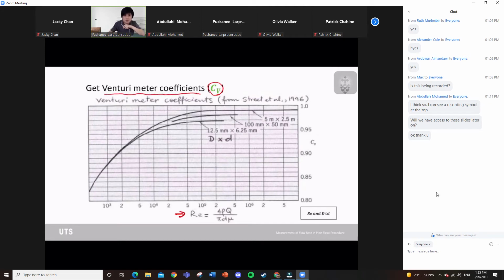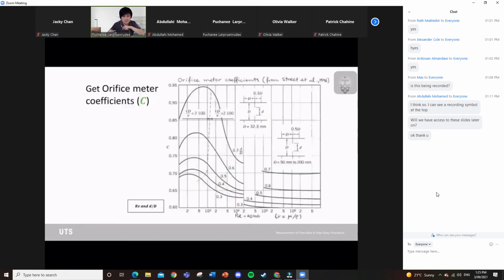We need to base on the Reynolds number and here, capital D multiplied by D. So I will tell you later what is this one. And then you will be able to get CV, venturimeter coefficient. So for the orifice meter coefficient C, you also need to find out the Reynolds number and D divided by capital D.